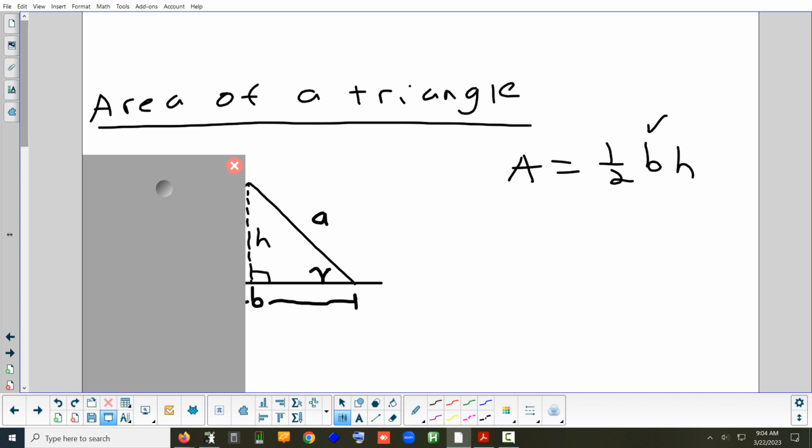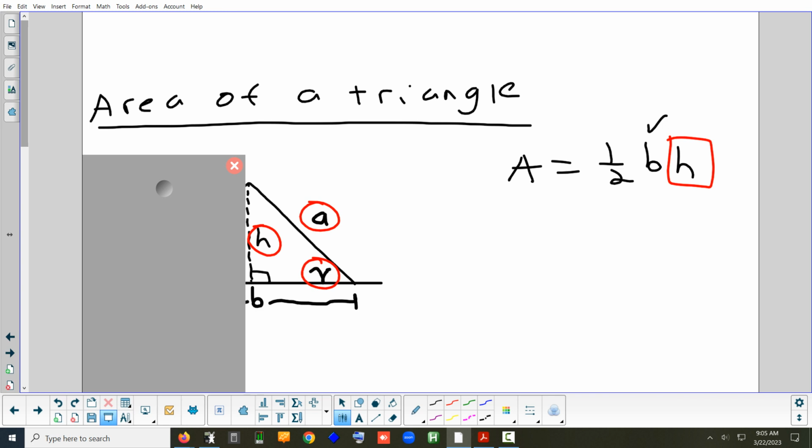And I'm going to circle the three things that I have labeled in that part of the picture: gamma, the height, and A. And what I'm going to do is come up with a formula to solve for the height. So I'm going to do a substitution for this. I'm going to substitute in a formula that will find the height for me using these three things.